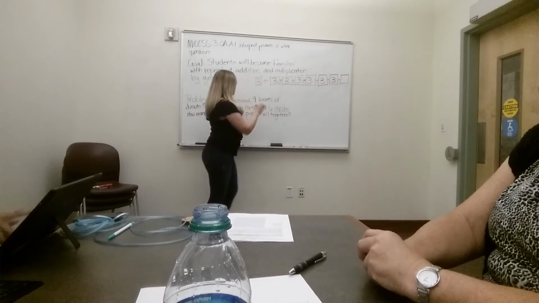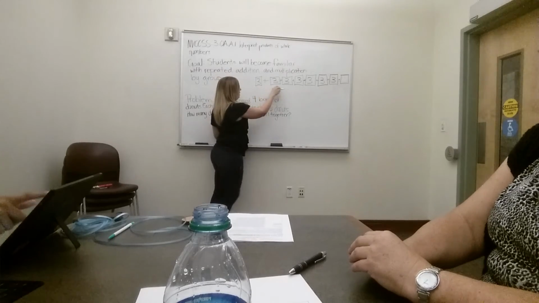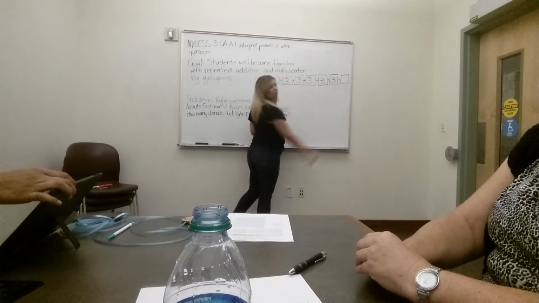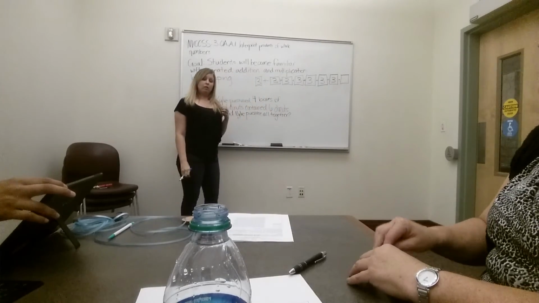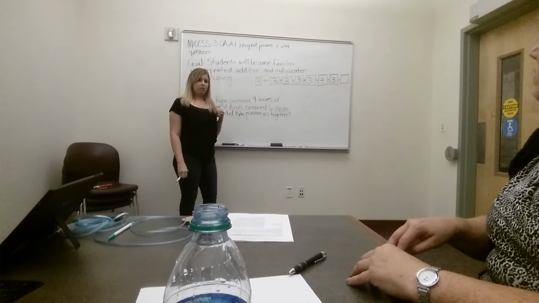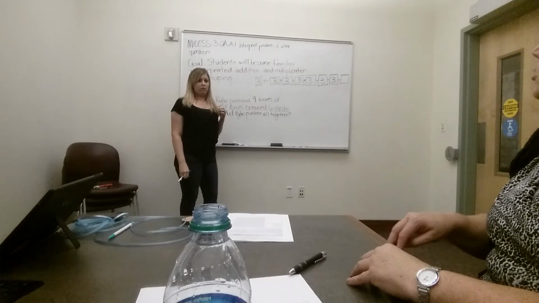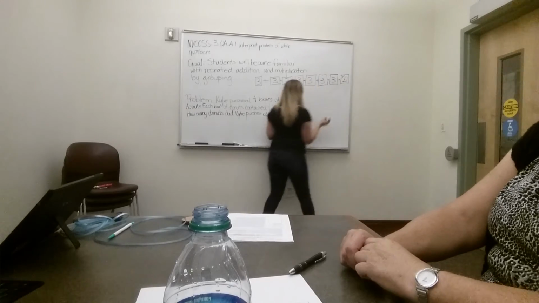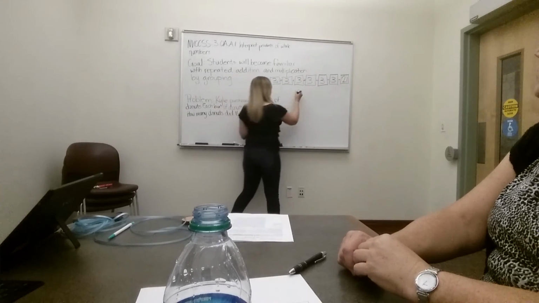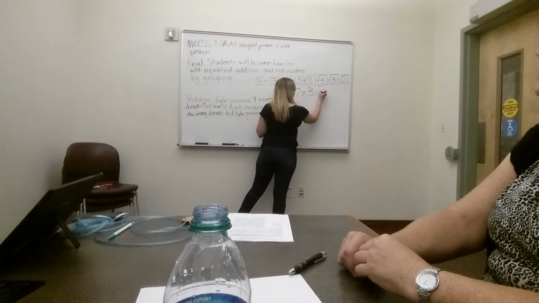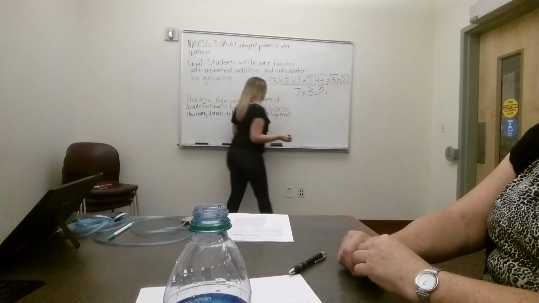So what does 3 plus 3 plus 3 plus 3 plus 3 plus 3 plus 3 equal? 3, 6, 9, 12, 15, 18, 21. 21. Very good. So this right here is the same as 7 times 3 equals 21.